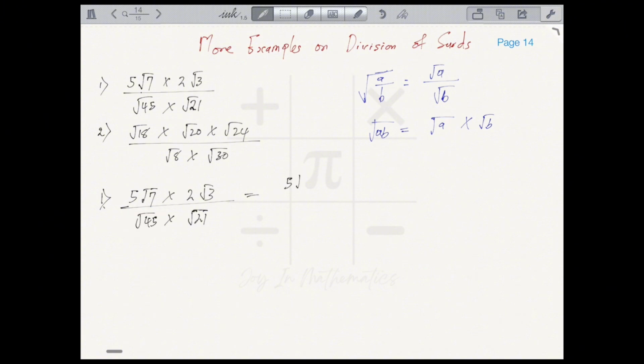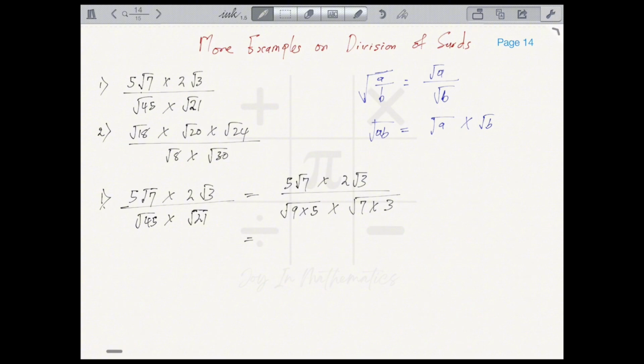So 5 root 7 multiplied by 2 root 3 divided by root 45 can be said as root 9 multiplied by root 5, and there's no really basic form for root 21, so instead of writing 21, we write it as root 7 multiplied by 3.